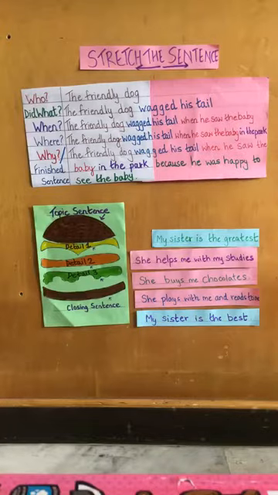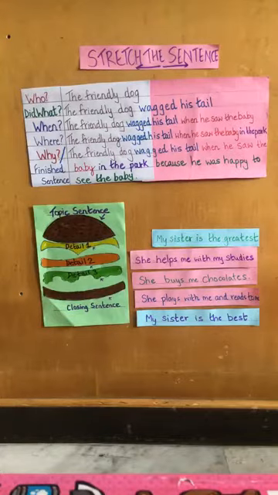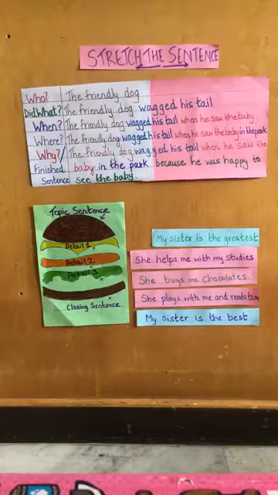So I hope it's clear and you're able to see what's on the board. So let me talk about what stretching a sentence is. Okay, this is very simple. Now there are certain WH questions which we use to form a sentence or to stretch a sentence, that is, make it longer.